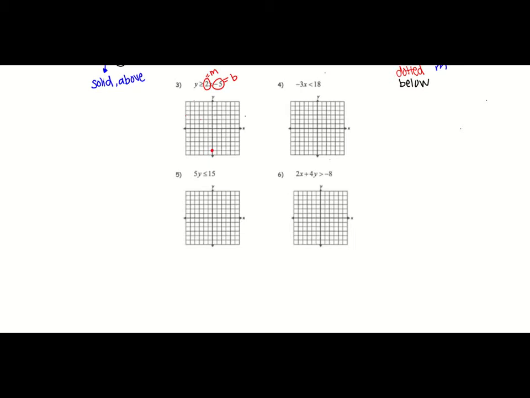My slope is 2. That means my slope is really 2 over 1. Go up 2 and over 1. Okay, then let's look at what kind of line I'm going to have. It's got that equal sign, so it's going to be solid. And if it is greater, that means it is going to be shaded above. So I'm going to shade everything above my line.